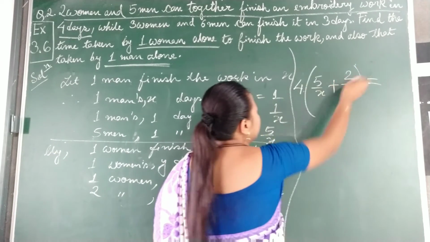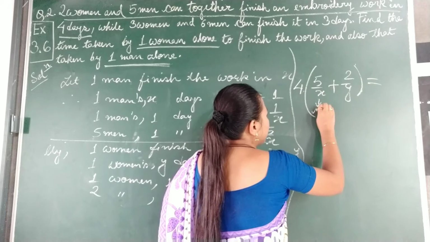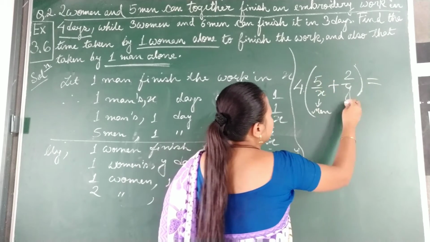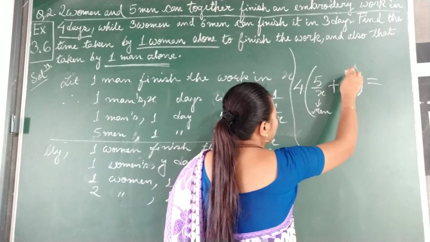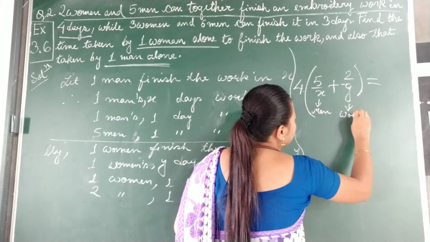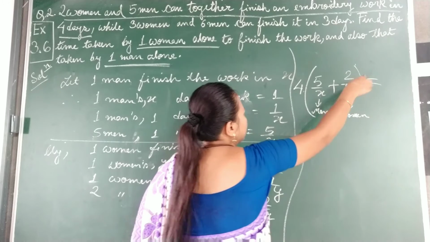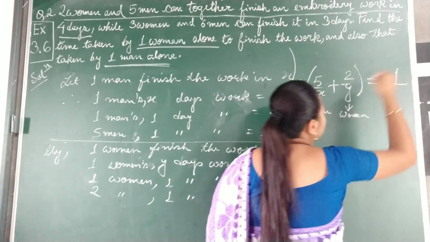And thereby they have completed together this part. This is the part of 5 men in X days, and this is the part of 2 women in Y days. This is the woman calculation, and therefore they have worked for 4 days to complete the whole work, and the fraction is 1.